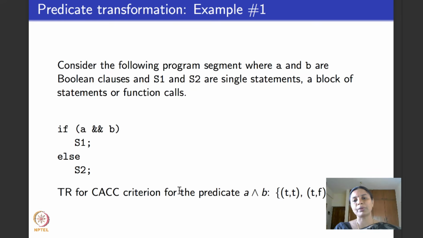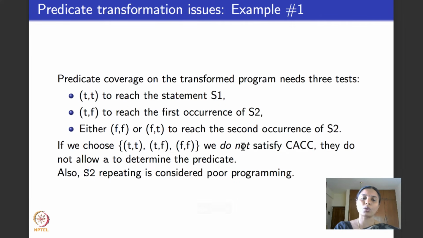CACC for the original program, as we had discussed, had needed three test cases: A true, B true, A true, B false, and A false, B true. This was the only option left. Whereas in predicate coverage, I had the choice between choosing this or this, and I decided to choose both to be false. Because of that, I don't satisfy CACC, but I satisfy predicate coverage.